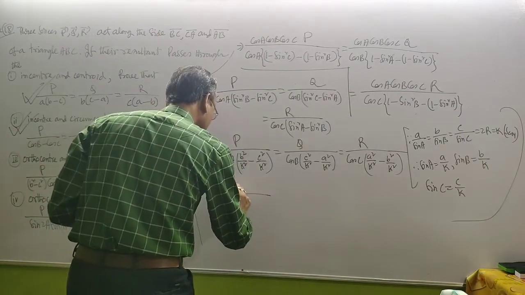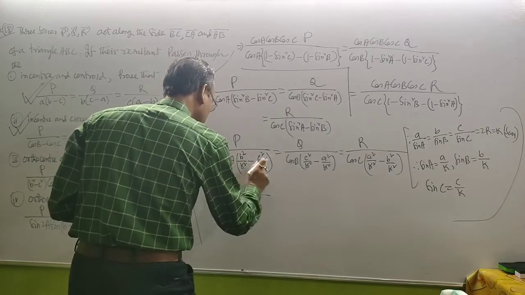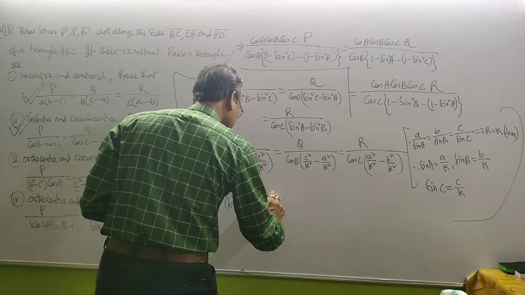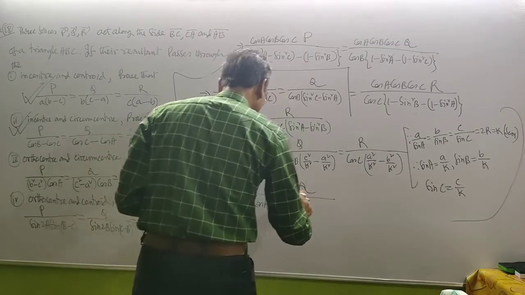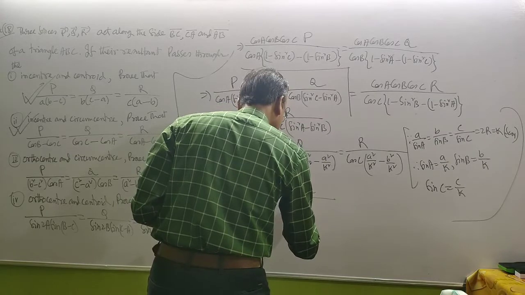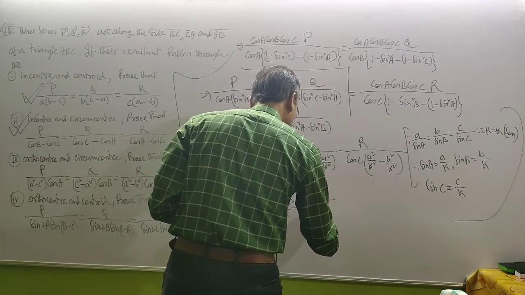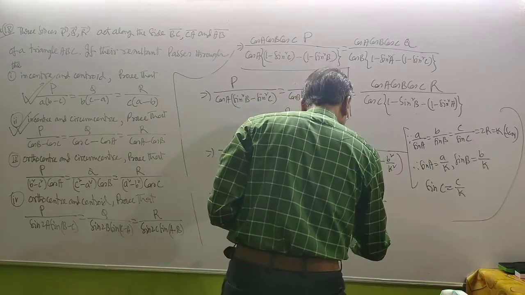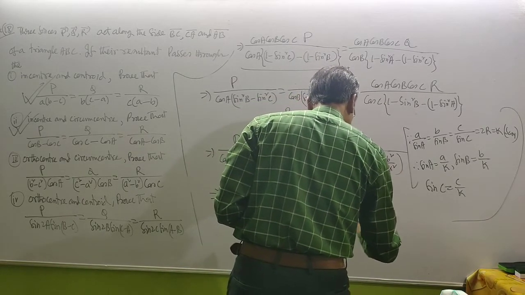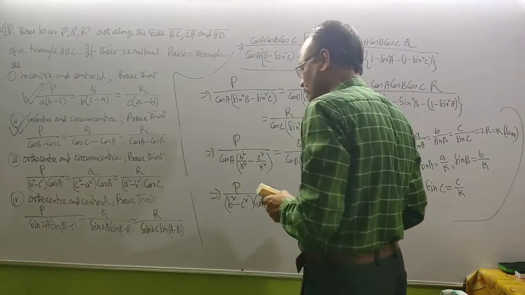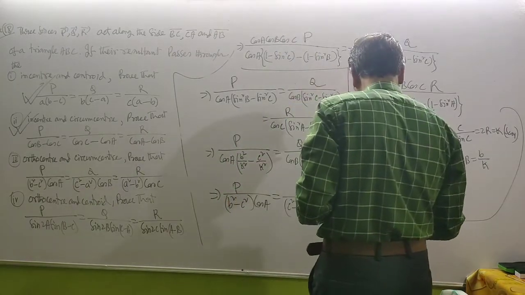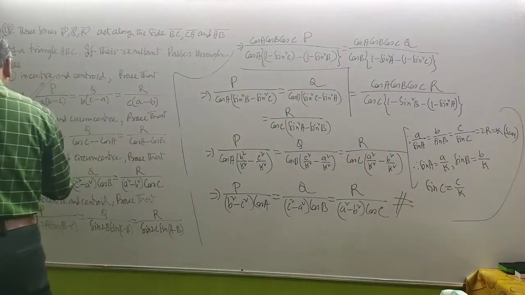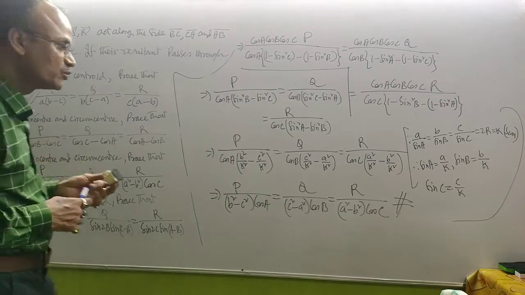This means P divided by (b square minus c square) cos A equal to Q divided by (c square minus a square) cos B. This is equal to R divided by (a square minus b square) cos C. We have proved this one also. We have proved question number 3.